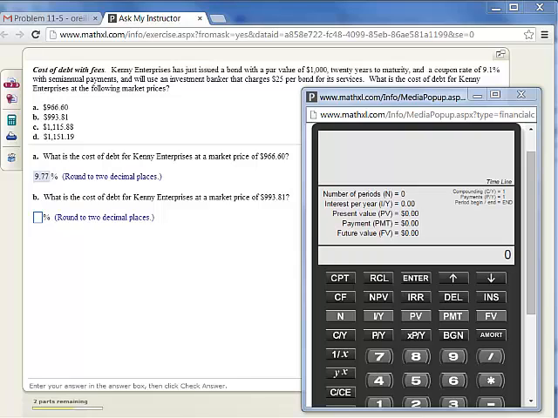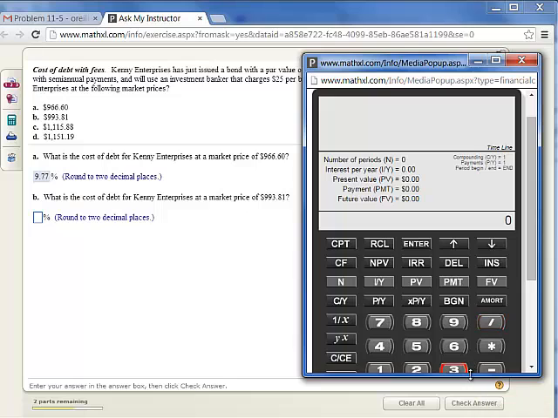We'll solve A using the MFL Calculator. First of all, number of periods. This is a 20-year bond with semi-annual periods, so the number of periods is 40.